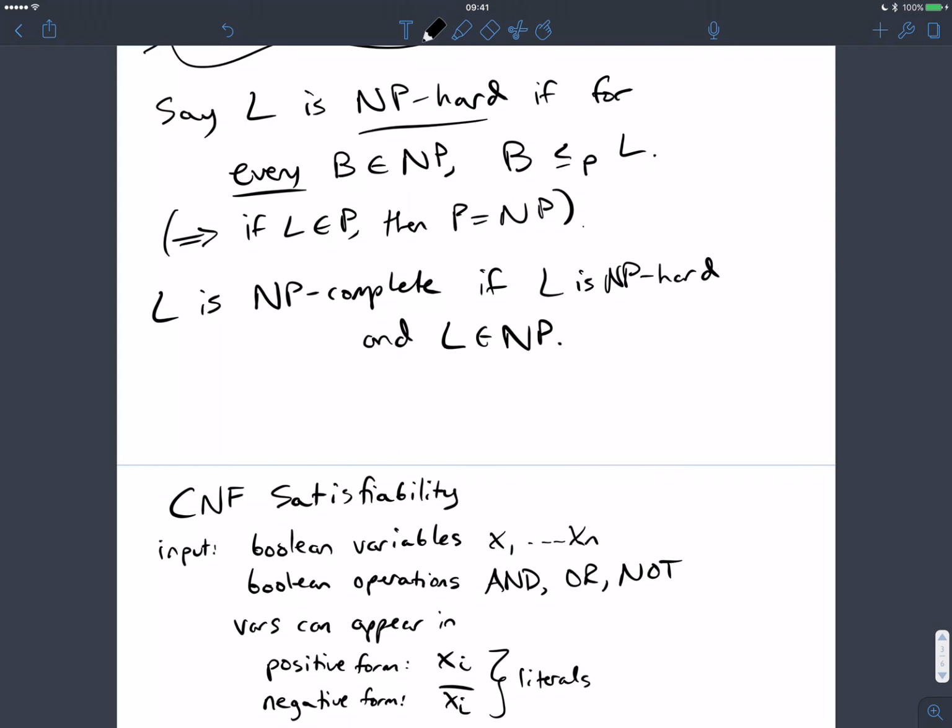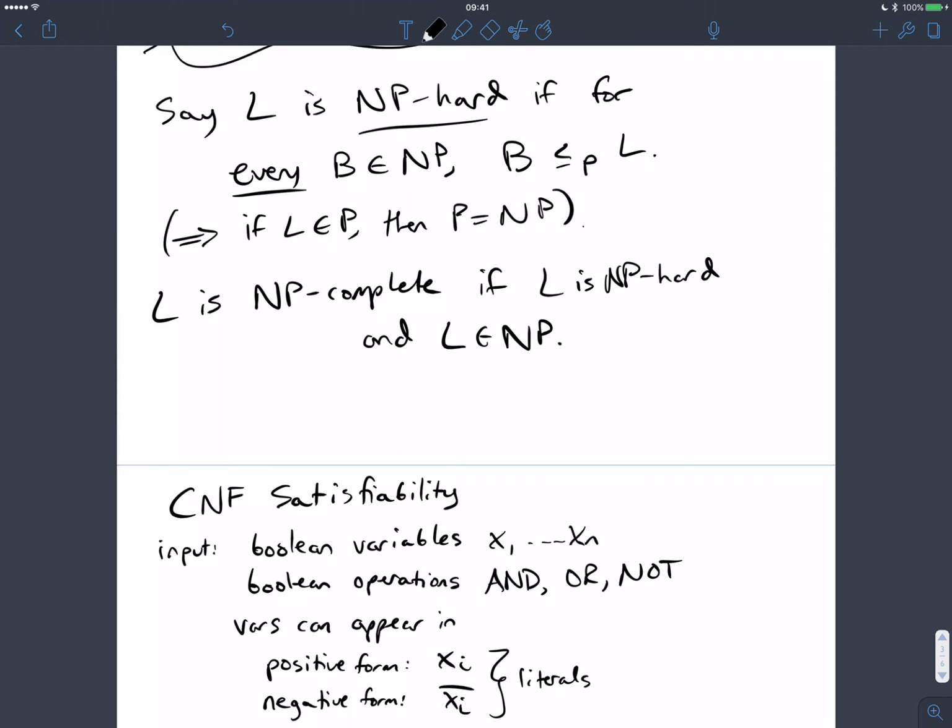What does it mean for a problem to be in NP? Well, we had those 2 definitions. Either it has a certificate that runs with a deterministic verifier and everything, or what's the other one? It has a polynomial time non-deterministic Turing machine for it, right?